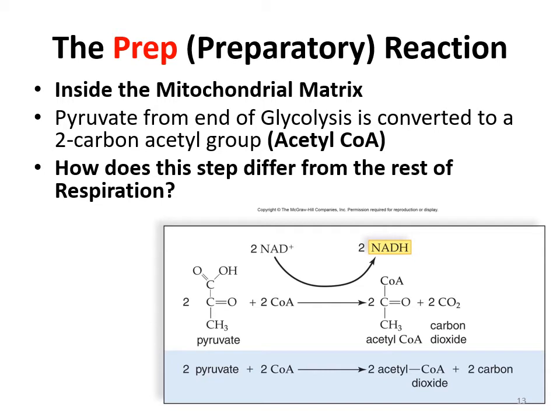Instead, the purpose of this reaction is to prepare the molecules for the citric acid cycle that comes next, and the way it prepares them is through conversion to what's called acetyl-CoA. But like I said, I'm not going to bother you about intermediates such as acetyl-CoA or NADH. I focus more on the reaction: when is it occurring, is there oxygen or not, where is it occurring, and what does it give the cell in terms of energy?